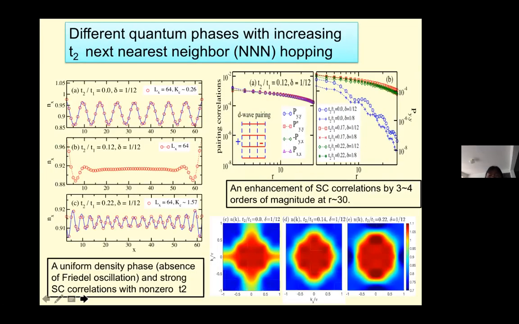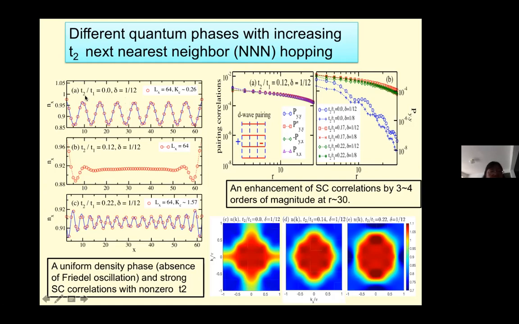So the main physics should come from varying the next-nearest-neighbor hopping. Let's first look at the electron charge density at a fixed doping of 1/12.